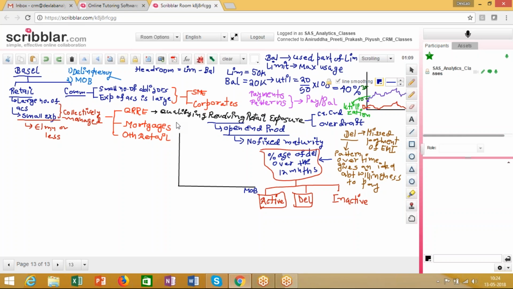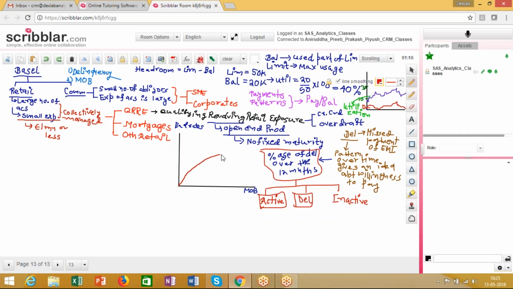And over here, what we have is the bad rates. So basically, what happens is we see that for the lower month on books, for the lower vintages, the bad rates tend to increase.